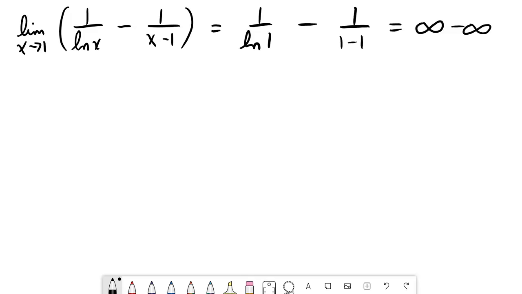So now our goal is to manipulate it in such a way that we get an indeterminate form that's a quotient. This is going to be side work. I think finding a common denominator and adding them together is actually pretty simple. So x minus 1.